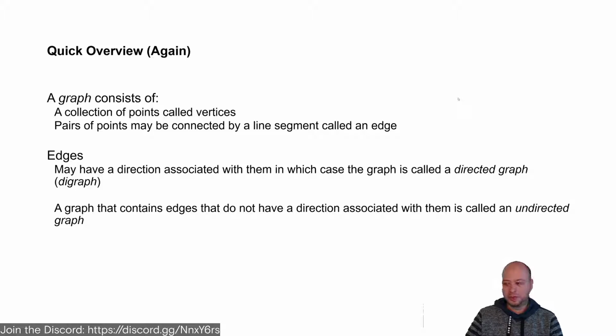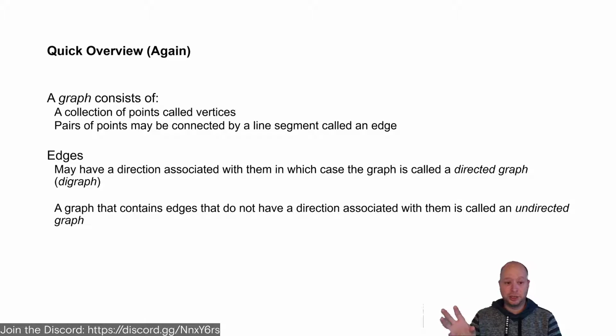Since you've probably seen this before, a graph ultimately consists of a set of points or vertices and also a set of edges, or effectively a pairing of points that are connected by a line segment. Keep in mind the mathematical definition of a graph.